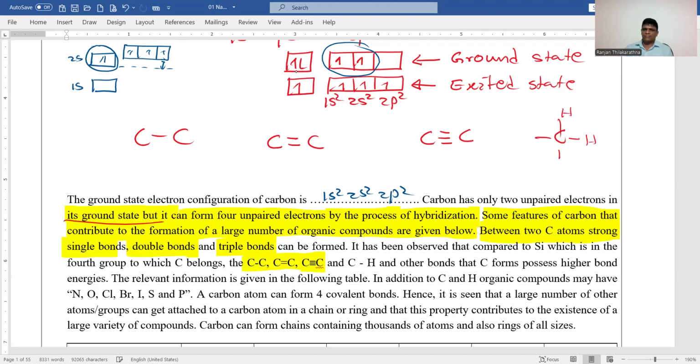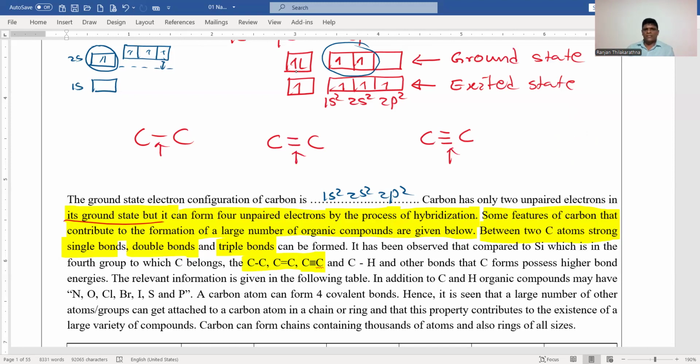It may be like this. More than two elements will be involved if it forms more than three bonds. But between two carbon atoms, the maximum number of bonds is three. These are called multiple bonds. This is called a single bond, this is called a double bond, and this is called a triple bond.